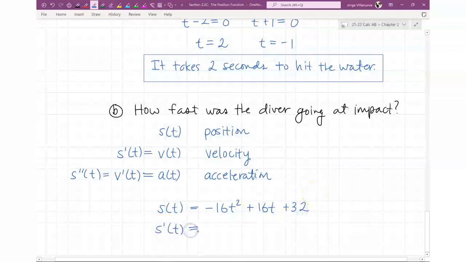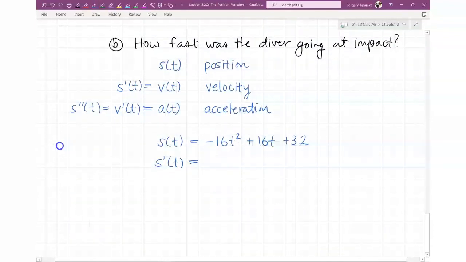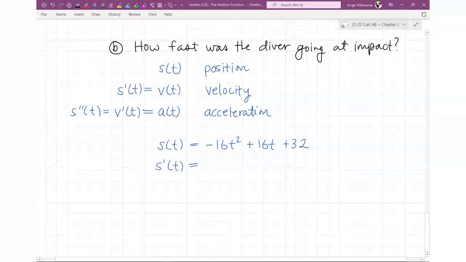What is S prime of t? Negative 16t squared, what does that become when I take a derivative of it? Someone say it nice and loud. Remember, you're just using power rule. You bring the power down. What do we get?